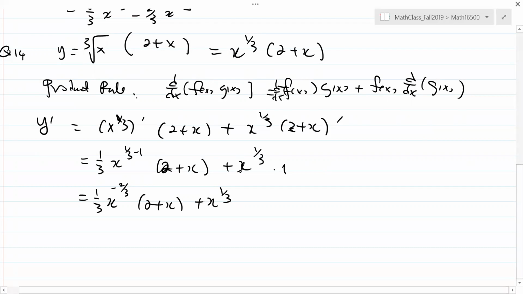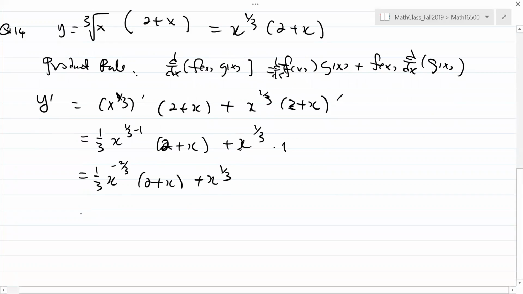And this requires algebra. If you're not good in algebra, maybe you cannot do that. Okay, so I take some terms out. I can take 1/3 x to the, watch out, okay? So the first term is just 2 plus x, nothing's left, right? But how to write the second term? Well, at least there's 3 here because 3 cancel out.